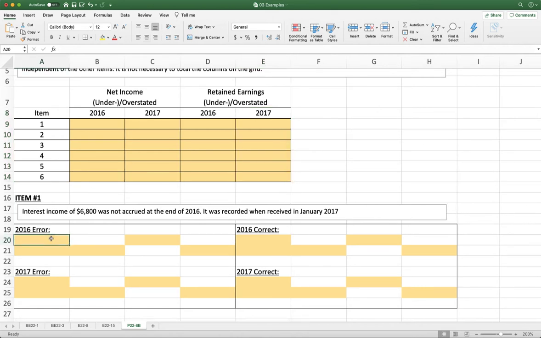So the error was that they didn't accrue something. So that means they did nothing in 2016. And then in 2017, when they received the interest income, that's when they recorded it. So they got cash in the mail of $6,800, and they recorded it as interest income.